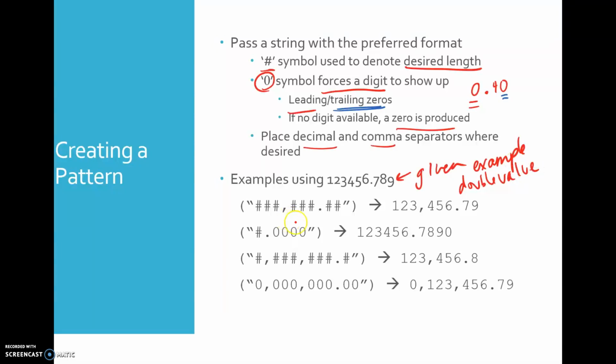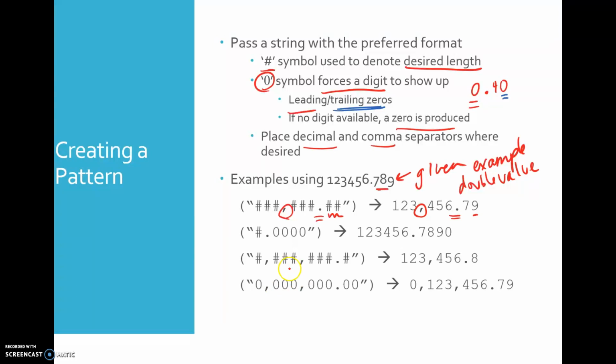Alright, so if I were to format this number using this format string, I would notice that first of all 6 of the leading numbers are represented. There is a comma in between them, a decimal point, and only 2 digits appear. And so that's why we only see these 2 digits here. And we did round up.